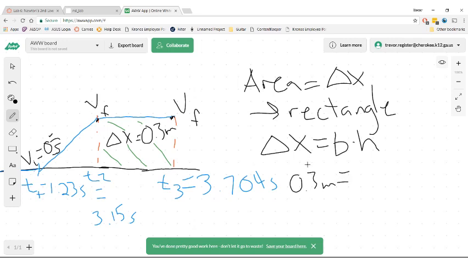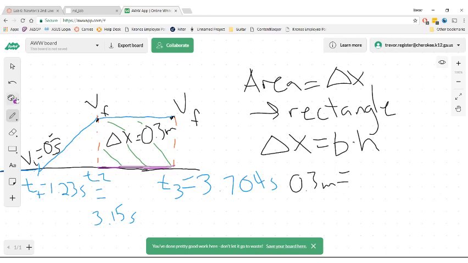Now the base is this distance here in purple. Okay. Now the tricky part here is that this time interval is not 3.704. What I need is the interval between 3.15 and 3.704.